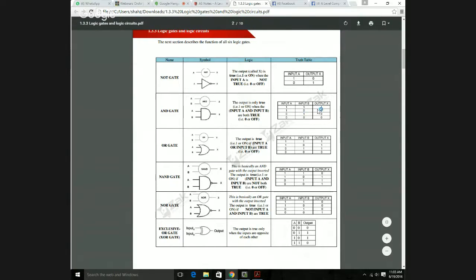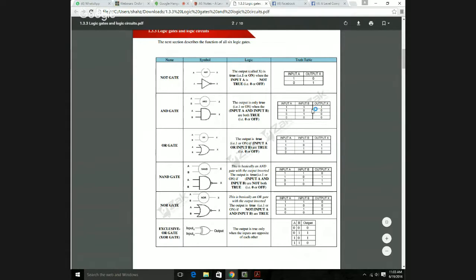And 1 with 0 gives 0. Only if both inputs are 1 and 1 do we get the output 1. If both inputs are high, the output is high.